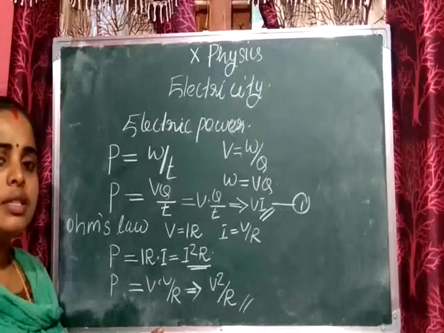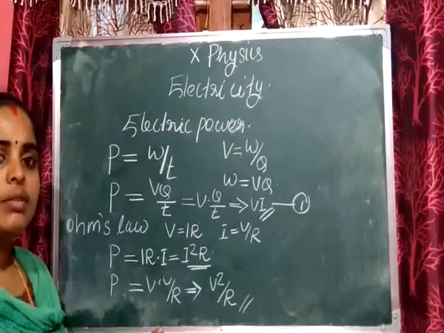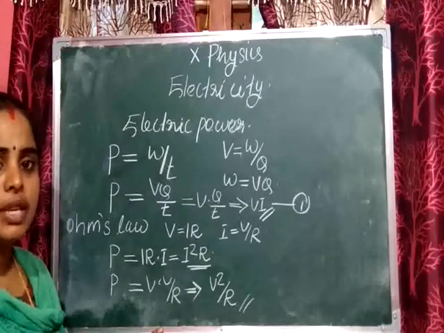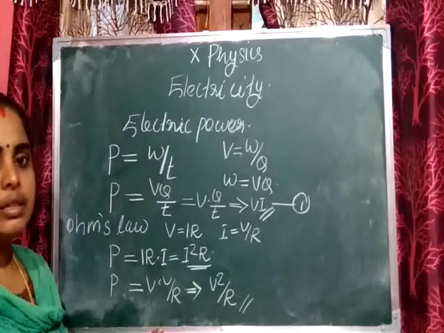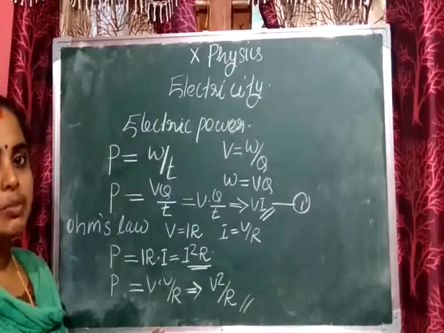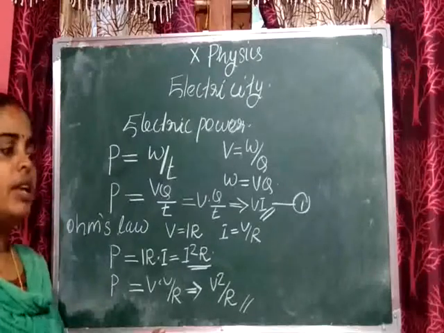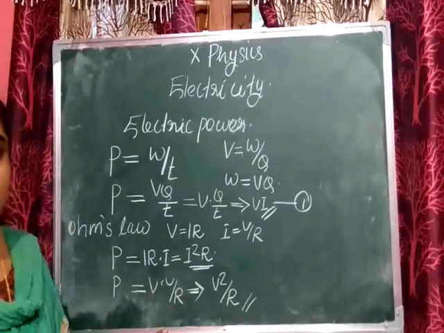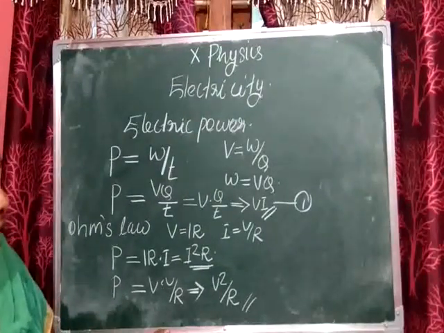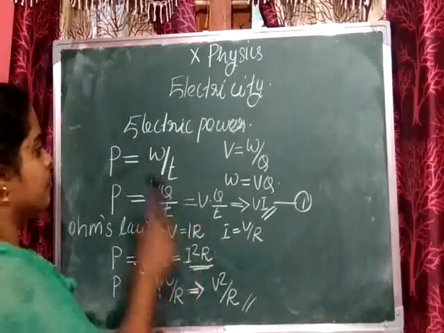Then what is the unit of power? In the normal case, for the power of a bulb and other devices, we use a unit called watt. The SI unit of electric power is watt. How can we define this watt?